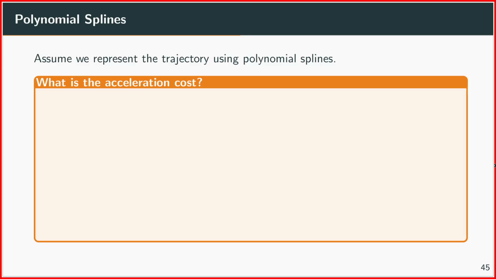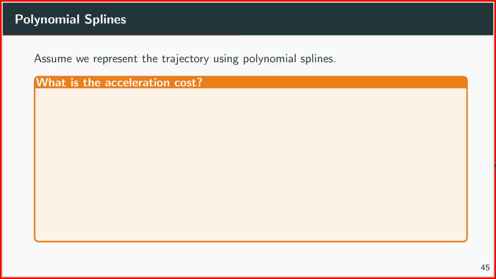But the second derivative would be the acceleration, and we could use that for the cost. I think we then also need to integrate this again, and because we only have this polynomial, we can probably simplify the function quite a lot to get our integrated acceleration.